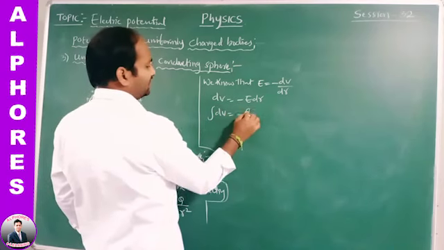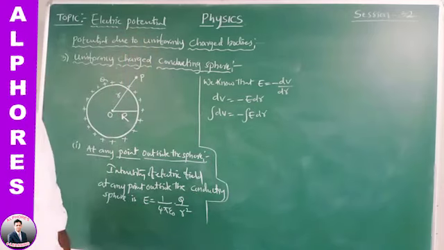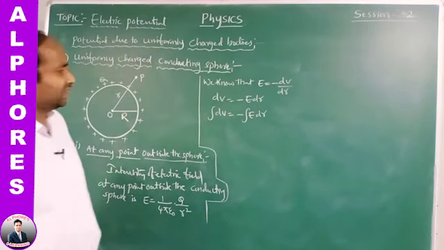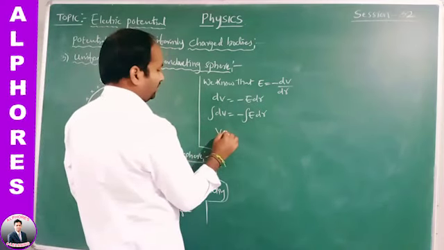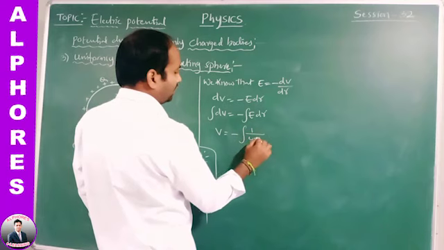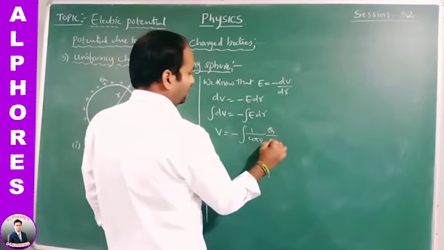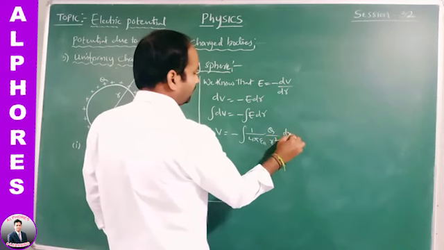Integration of dV is equal to minus integration of E dr. Integration of dV is V. And what is the value of E? 1 by 4 pi epsilon naught Q by r square into dr.